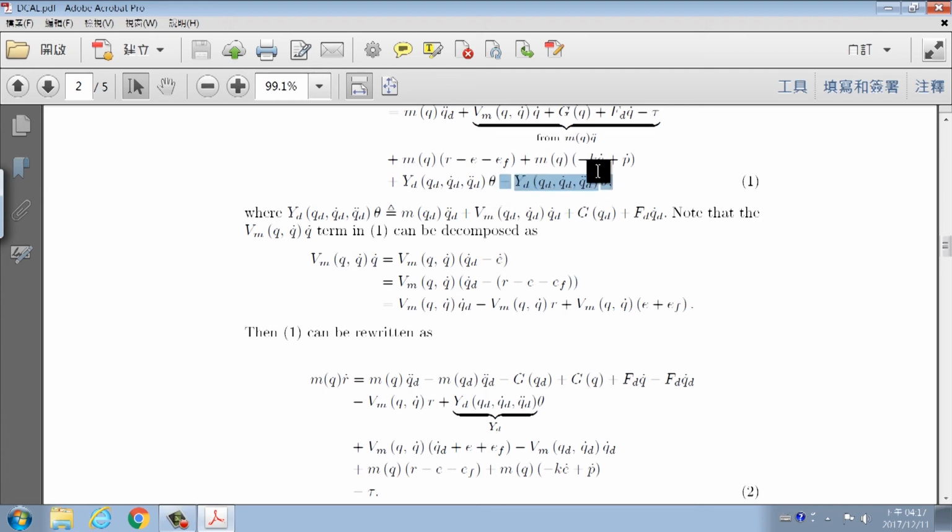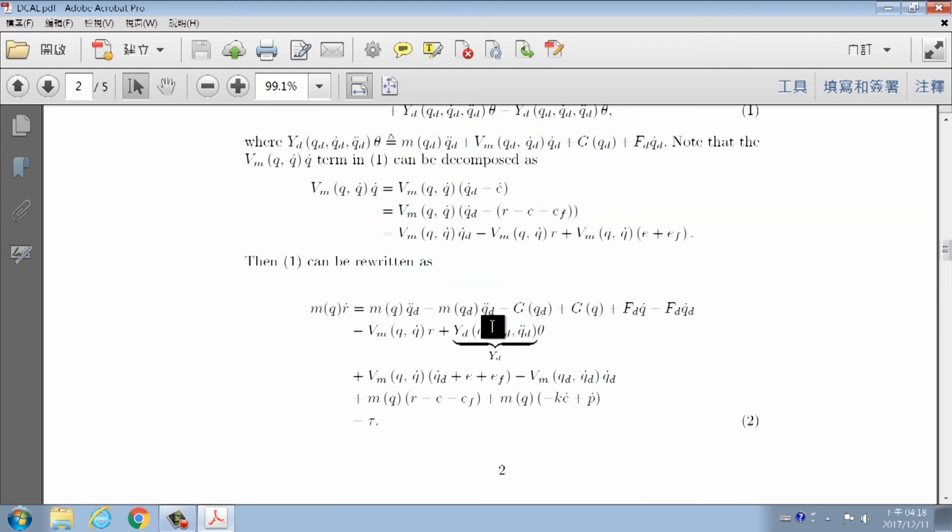We put this term next to this term, and we combine these terms together, which is this. That's what I'm doing here. You break out QD, MQD, QD double dot, and every QD term here. Theta has four terms which replace Q by QD.